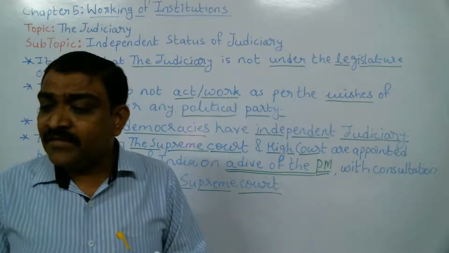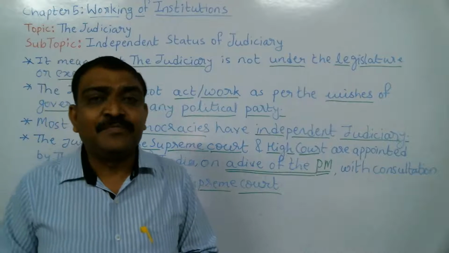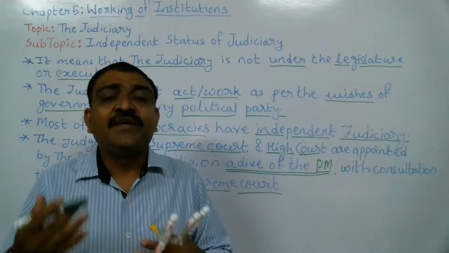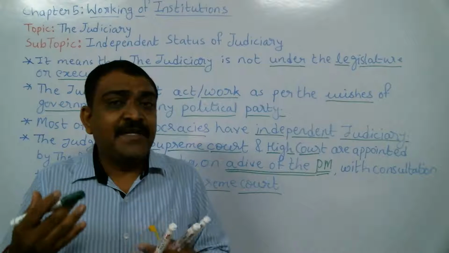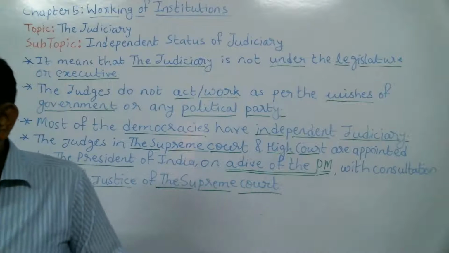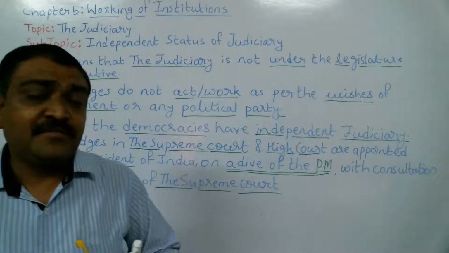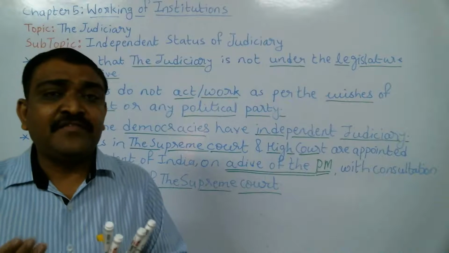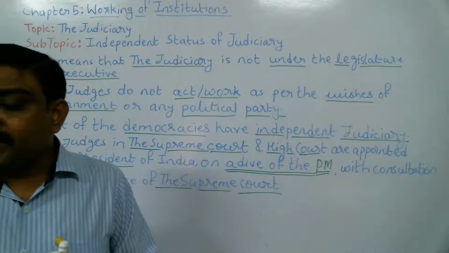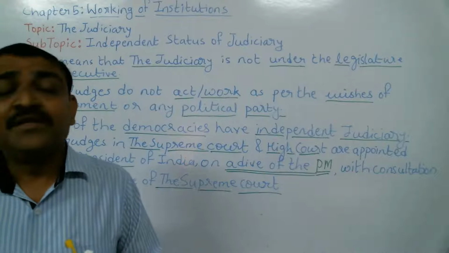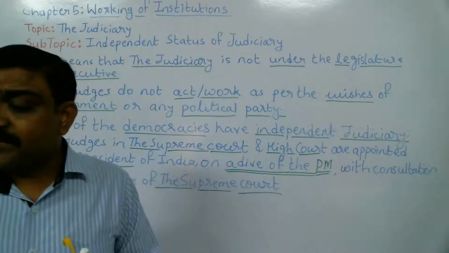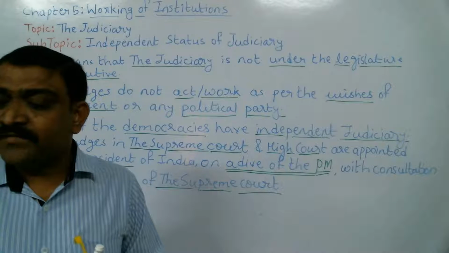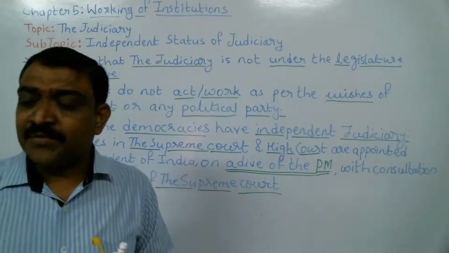So even in case of the appointments also, the judiciary is independent. In practice, now it means, now अभी क्या सिस्टम अडॉप्ट किया है, that the senior judges of the Supreme Court select the new judges of the Supreme Court as well as the High Court.